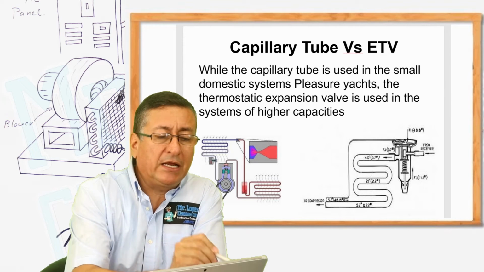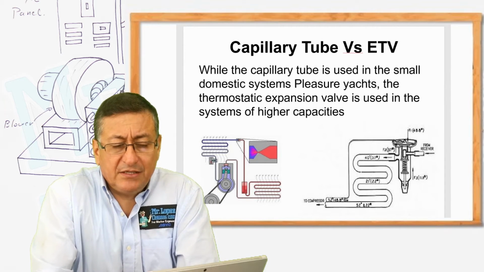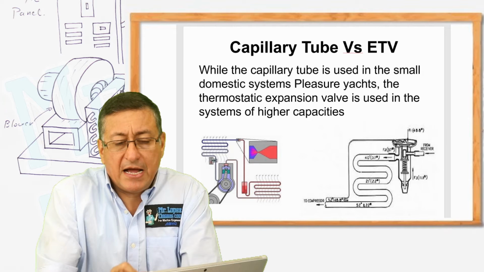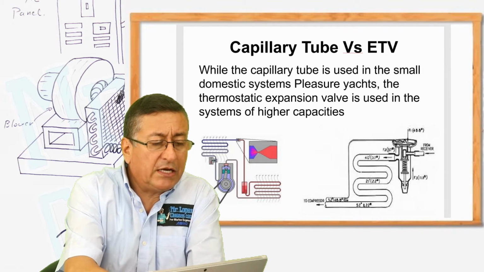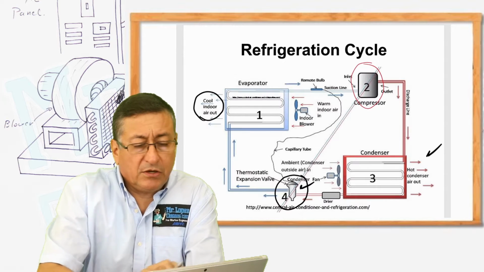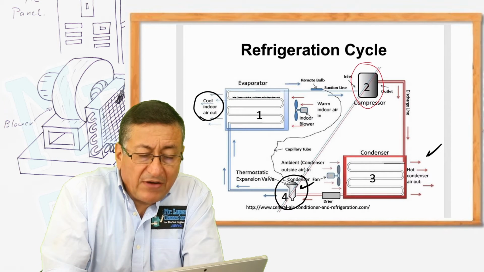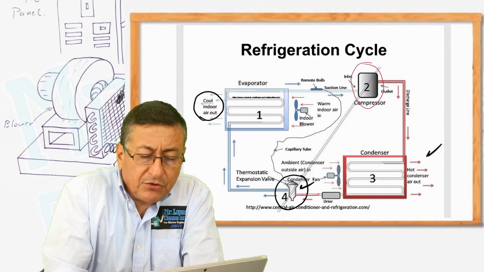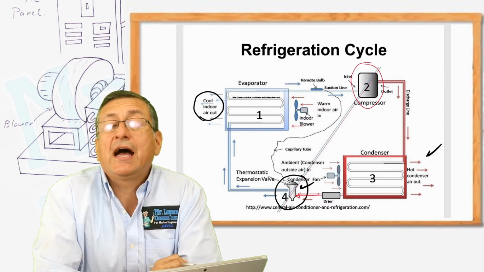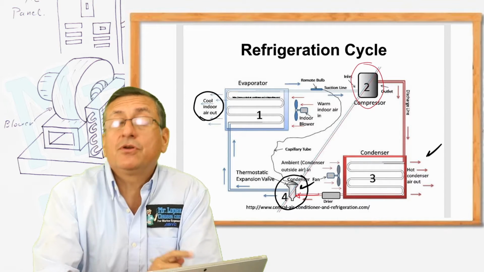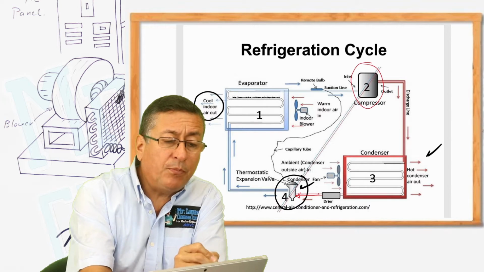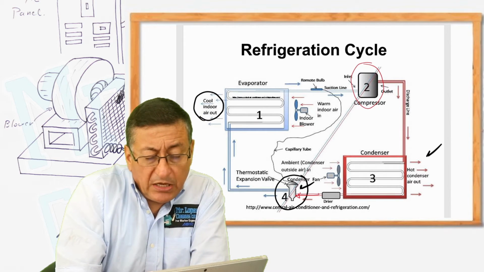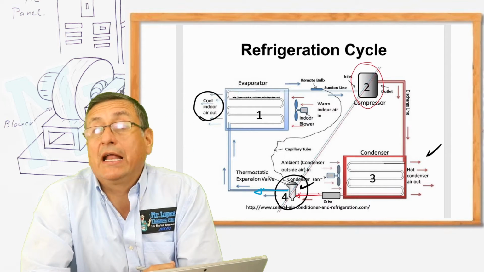Let me explain quickly. Look at this. This is the thermal expansion valve, and remember that it's located here, at this point. The thermal expansion valve receives liquid refrigerant at high temperature and high pressure, and in the output is liquid at low pressure and low temperature.